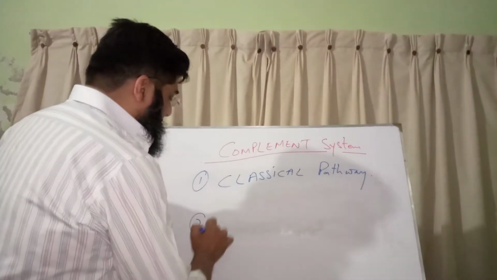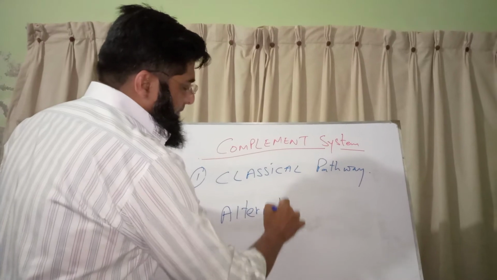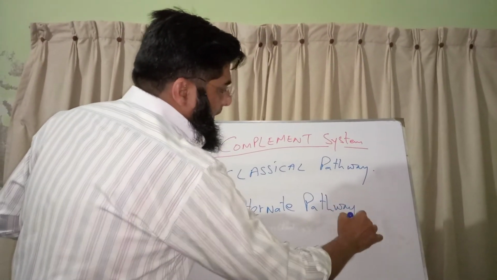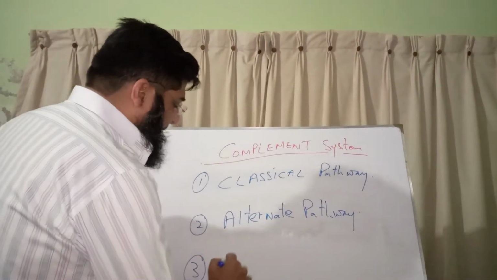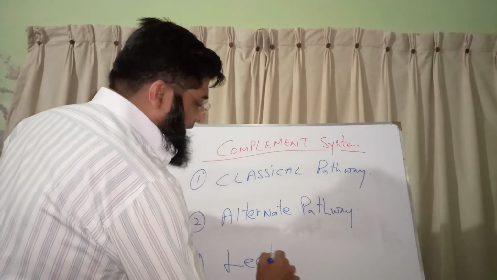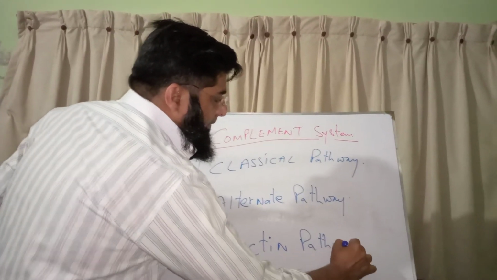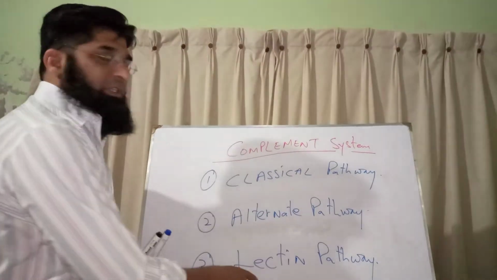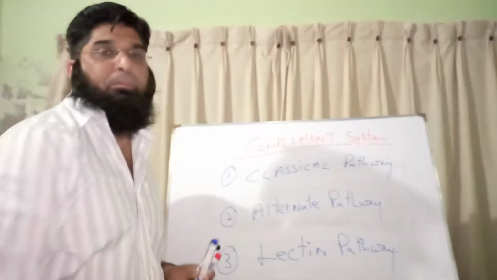Number two, alternate pathway. And number three, lectin pathway. Okay students, these three pathways are responsible for activation of complement system proteins.